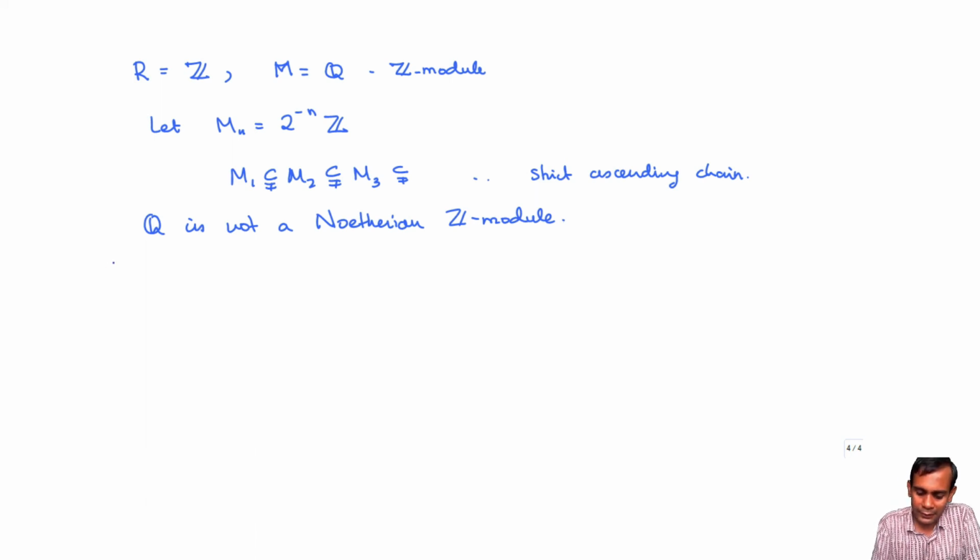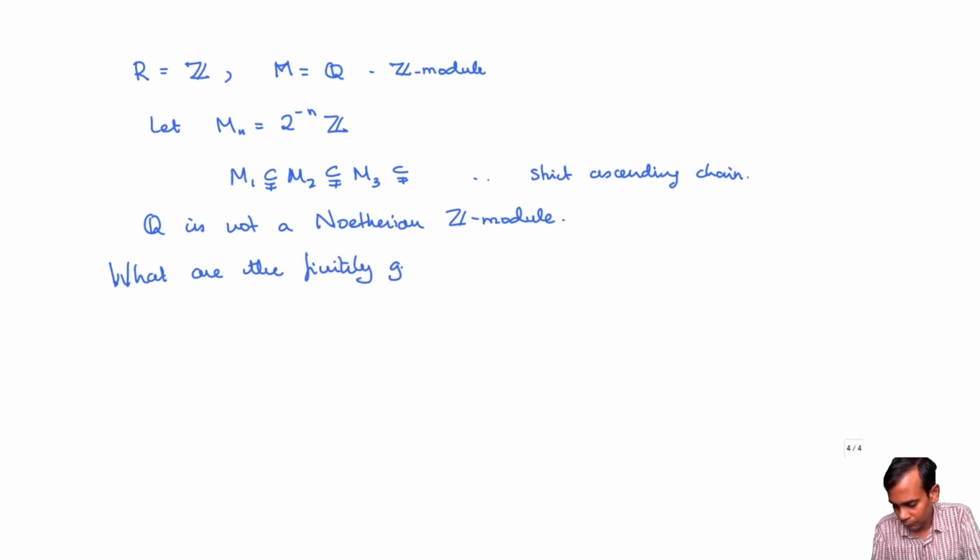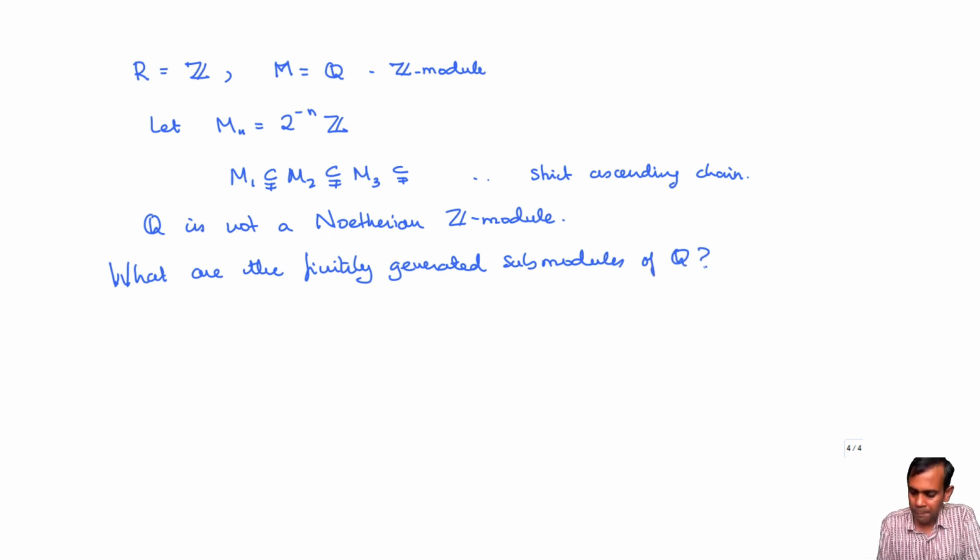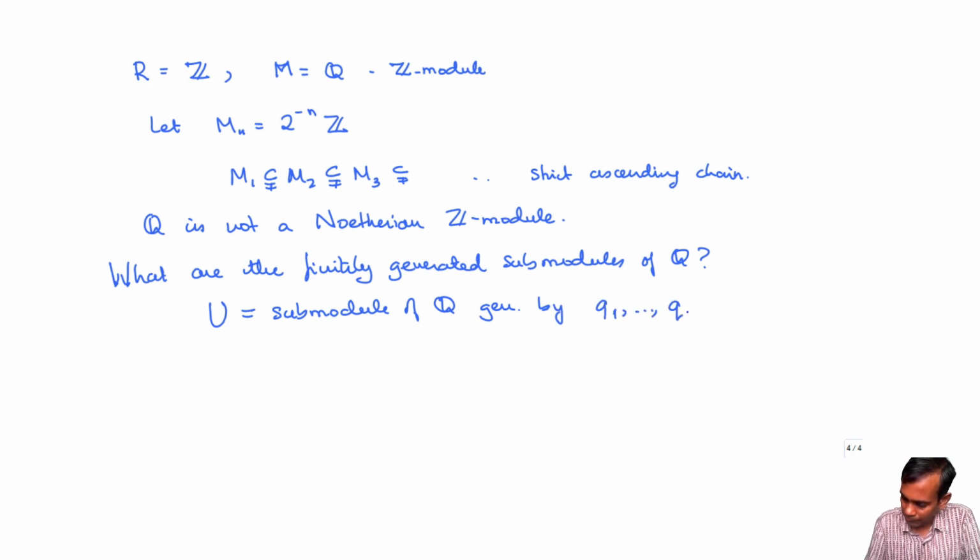What are the finitely generated submodules of Q? So suppose we have a submodule of Q, let's call this submodule U, and U is the submodule generated by some rational numbers q1, q2, qn.